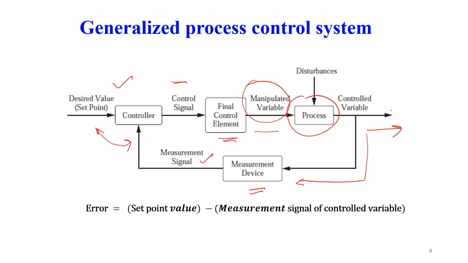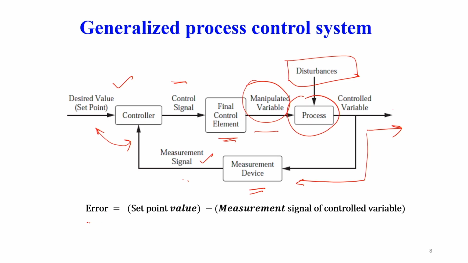So, there is a controlled variable, there is a desired point, there is a measured variable and manipulated variables, and the changes may come due to certain disturbances.